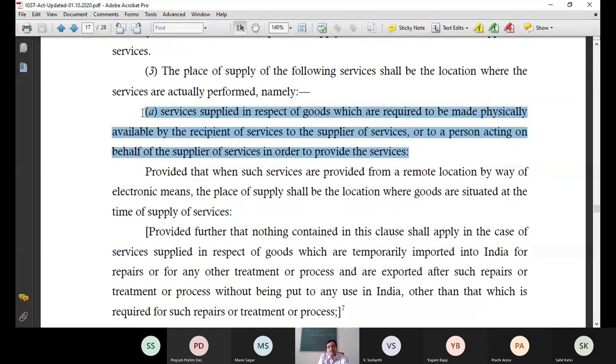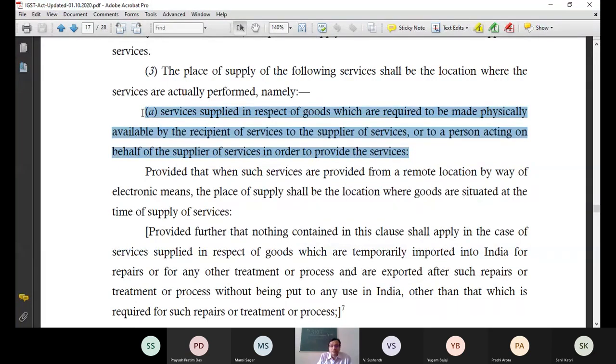So services supplied in respect of goods which are required to be made physically available by the recipient of services to the supplier. That means if you cannot provide the goods, the supplier will not provide the services. It's not possible to supply the services unless goods are provided.